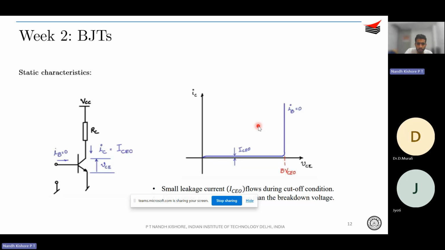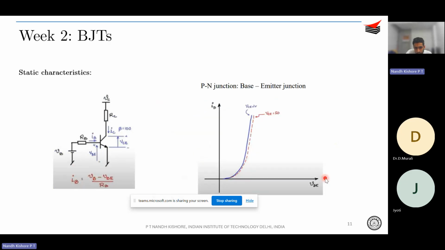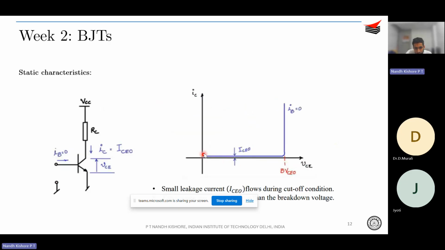However, one undesirable characteristic is during the cutoff condition. During cutoff, a very small reverse current flows, and that is what we call the leakage current, ICEO.